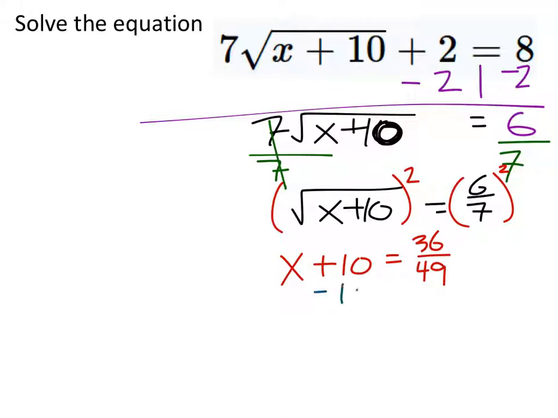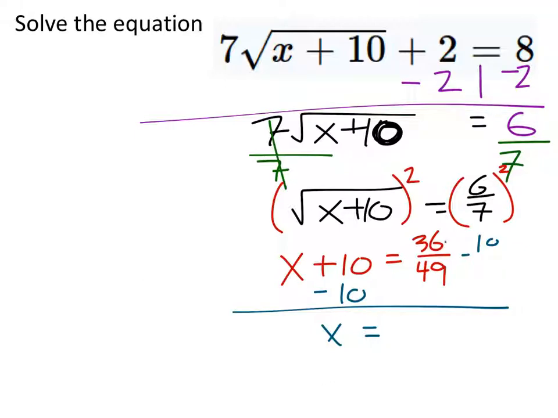And now to solve this, we'll subtract 10 from both sides. Oh, not 10 over 10, but minus 10. All right, I've got 36/49 minus 10, but that's no good because I do need common denominators. And in this case, I'm going to use 49.